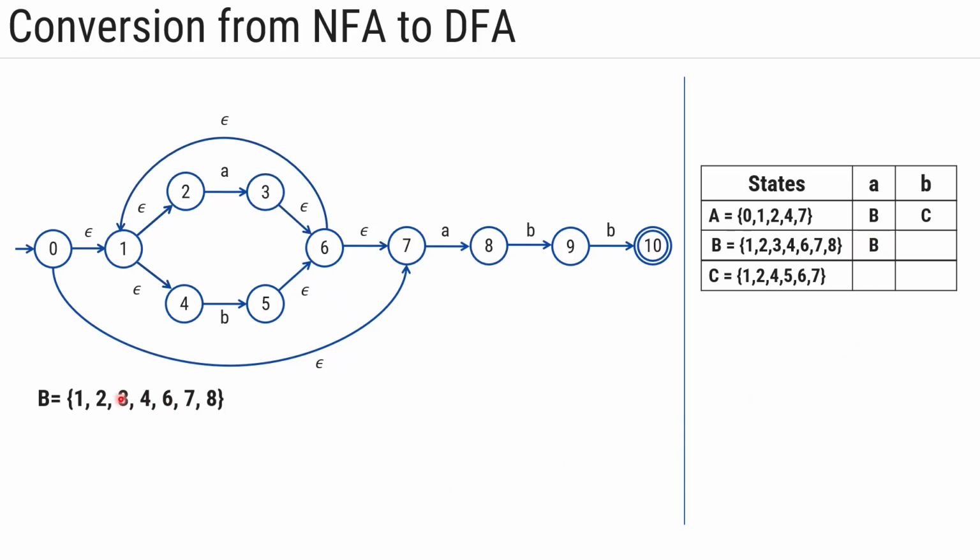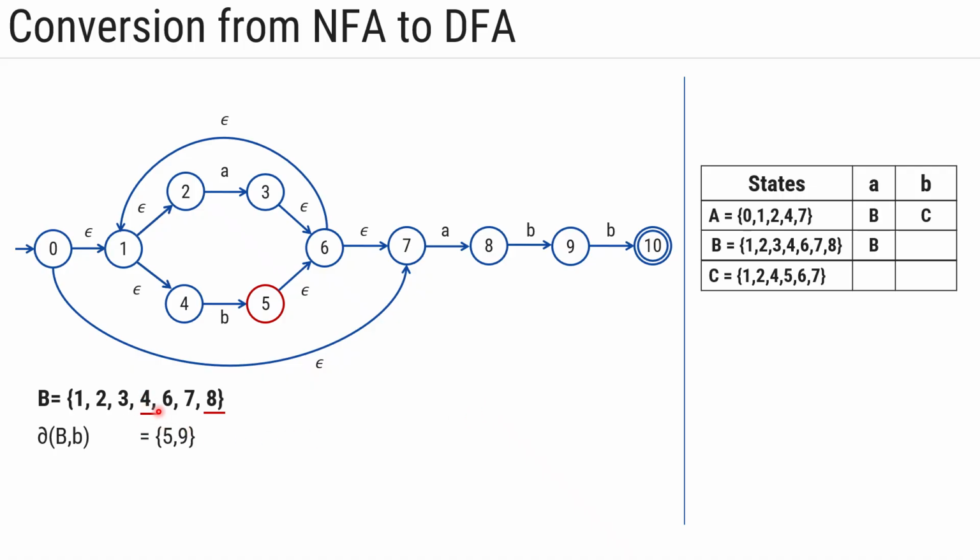Then delta of capital B comma b, again you have transitions only from 8 and 4. Look at this. 4 on b will go to 5, 8 on b will go to 9. We have underlined this.